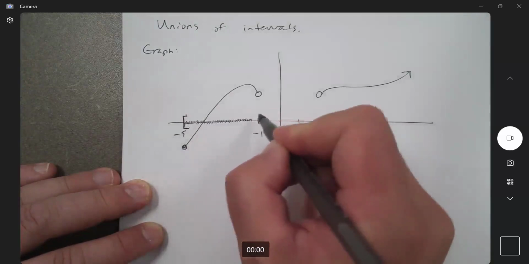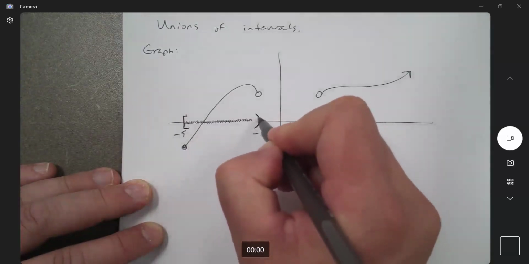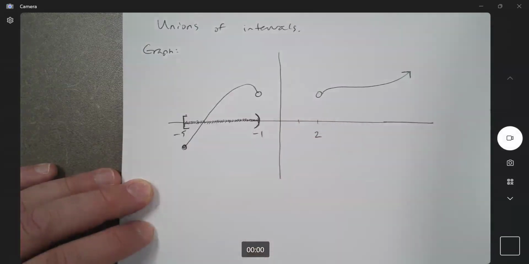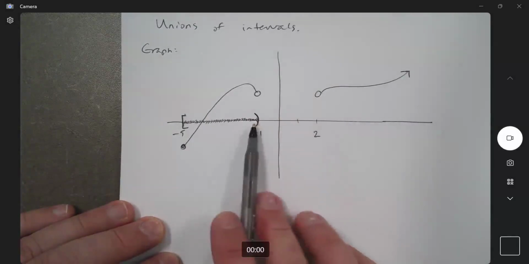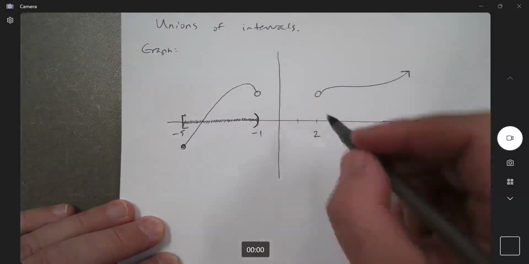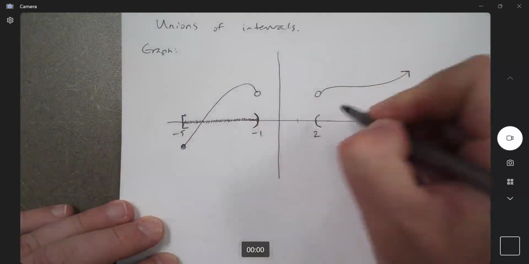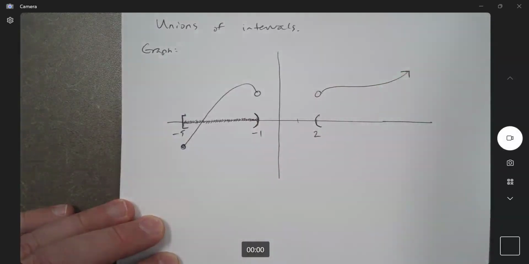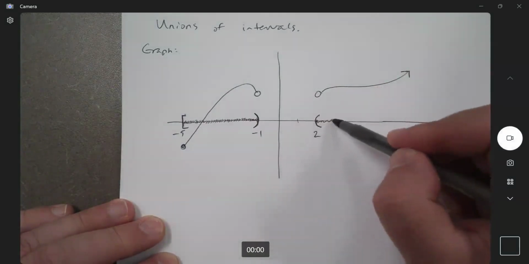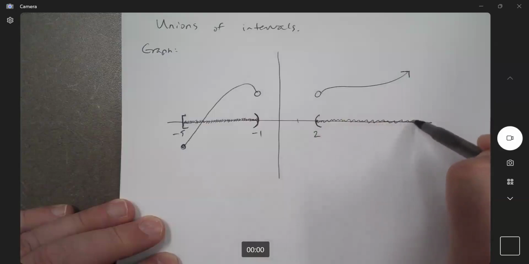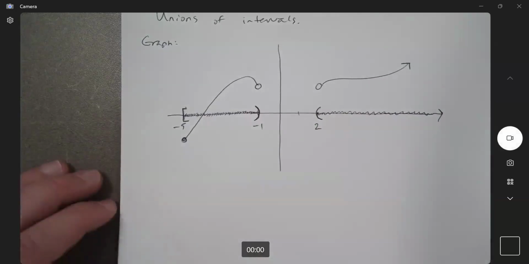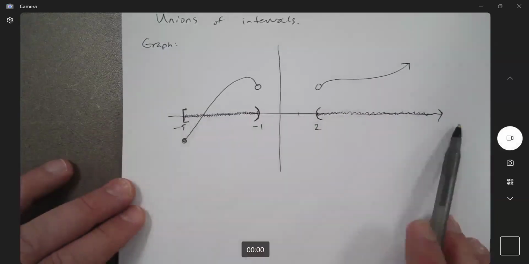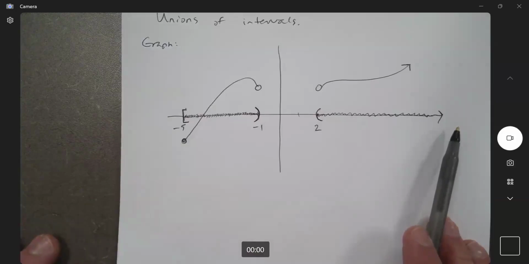And so we get up here to -1, and it's not going to include the -1. I'll put a parentheses there. And then I'm missing some. There's no domain between -1 and 2, but 2 restarts my domain. I can't include 2, so I'll use a parentheses or an open circle. And then I'll keep going on forever and ever and ever. And that actually right there, that is my number line that I was showing you on the previous page.